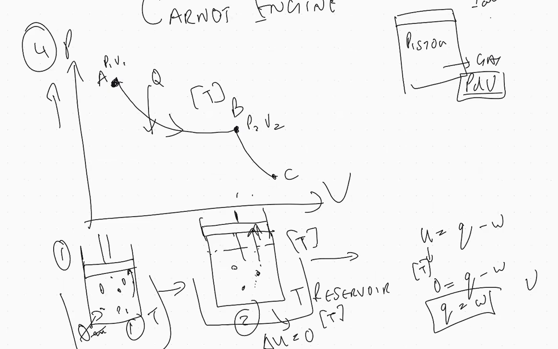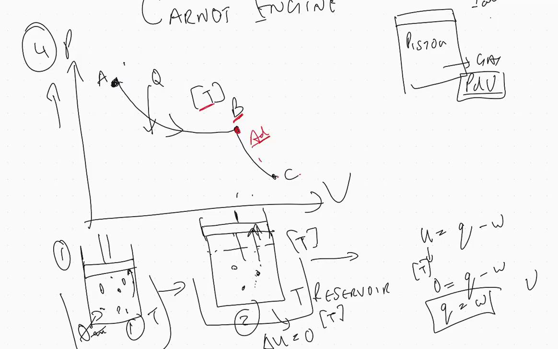That means no heat change happens. So there's no heat going in or out. This stage from B to C. Let me erase this one so we don't have unwanted things. So this is isothermal, this is the adiabatic.